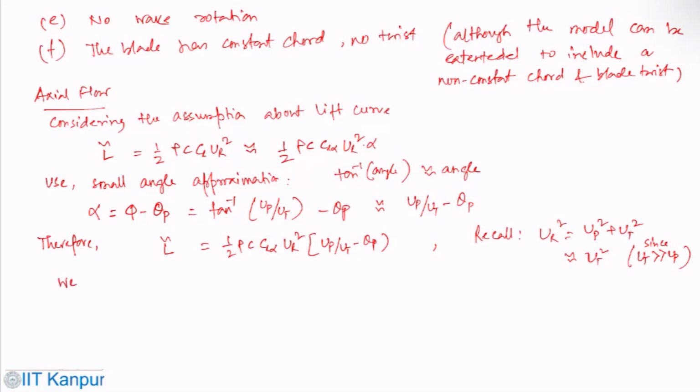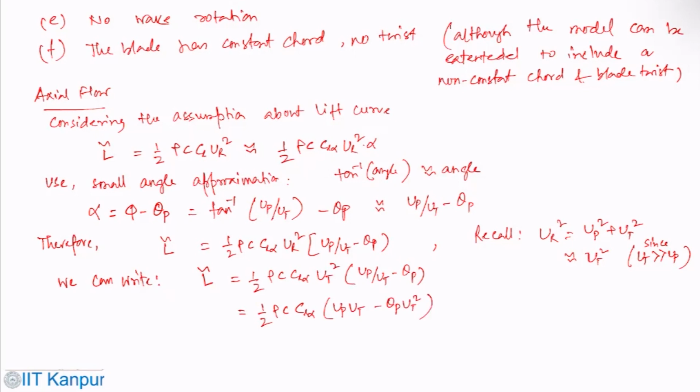Then we can write this would be half of rho C CL alpha UT square, UP by UT minus theta P. Half of rho C CL alpha, UP into UT minus theta P UT square. So this is what we get. Okay.